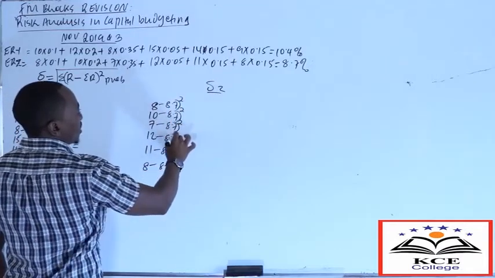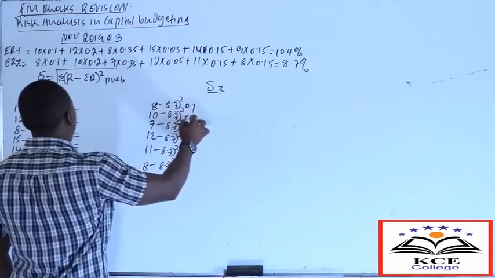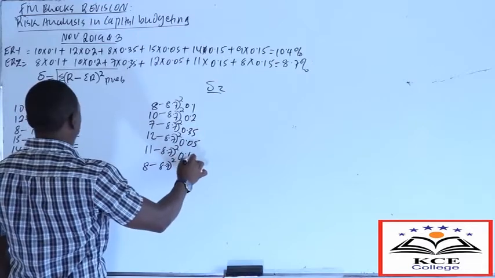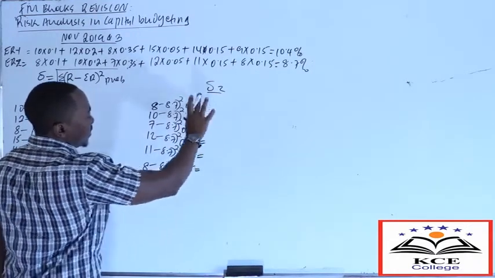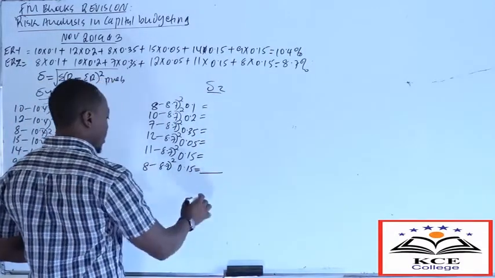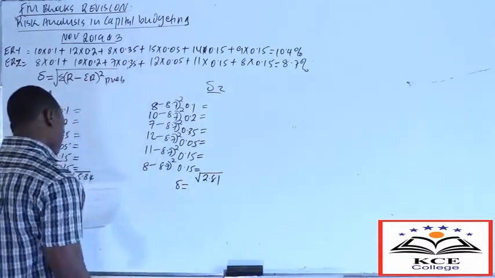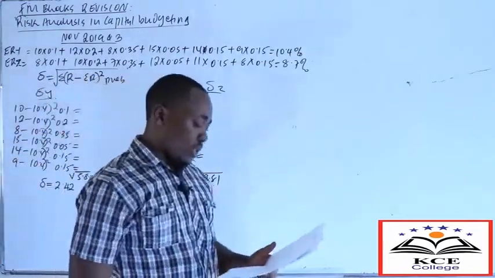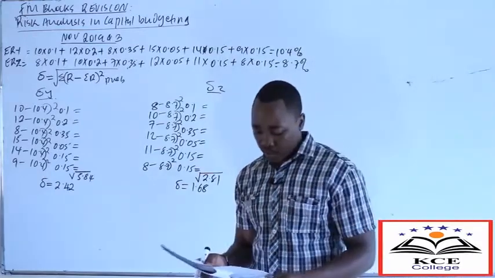Then you square, and multiply by the probabilities 0.1, 0.2, 0.35, 0.05, 0.15, 0.15. You do the same for each and add the total. The total is 2.81. The standard deviation will be 1.68. Good. So that's how you determine the standard deviation of each security.